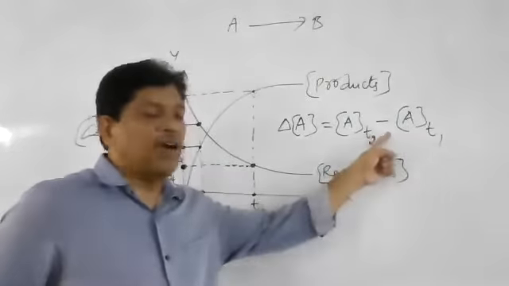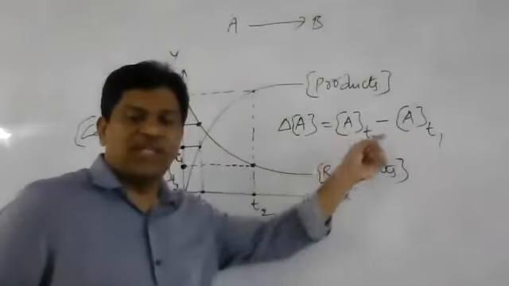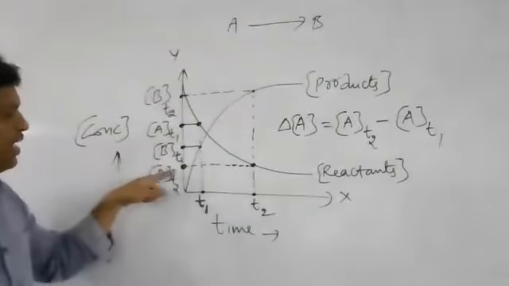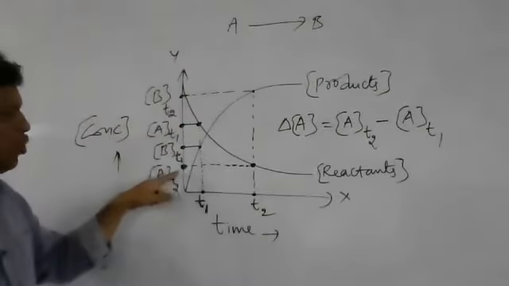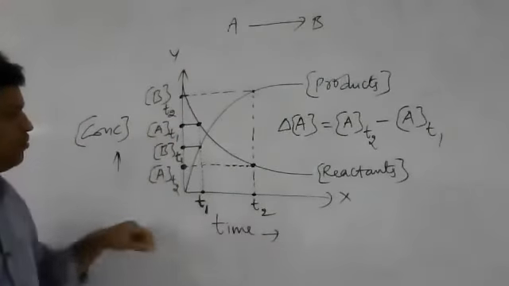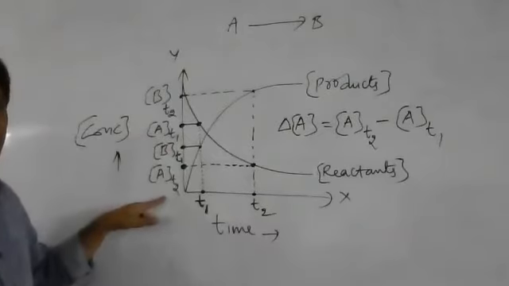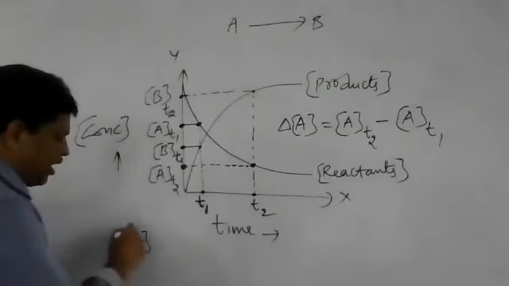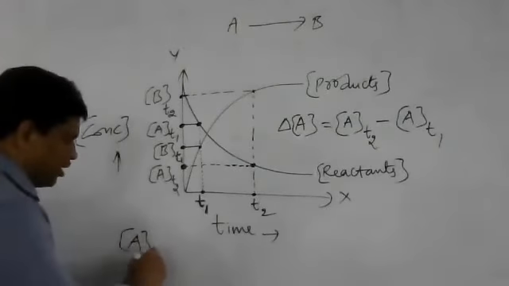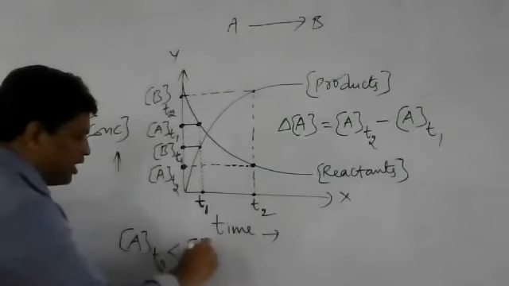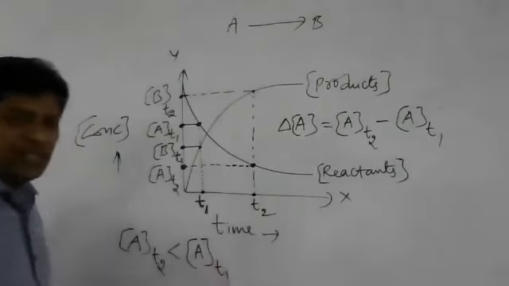Now, is this concentration change, the difference in concentration, negative or positive? Tell me, which value is less here on the y-axis? Whose concentration is less, A at T2 or A at T1? A at T2 is less in quantity. So concentration of A at T2 is less than concentration of A at T1, right?